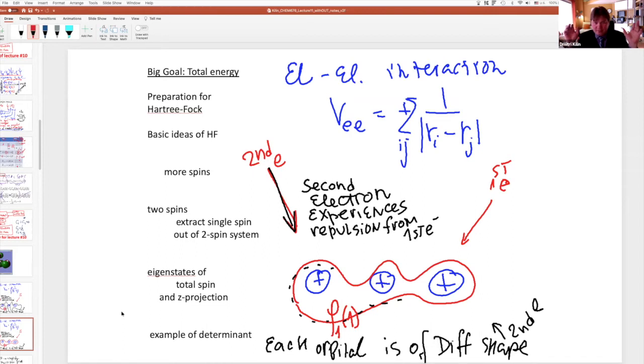Make sense? The electron that we place back will be attracted to the positively charged ions, so it will localize around the ions, as I showed here with this red line.